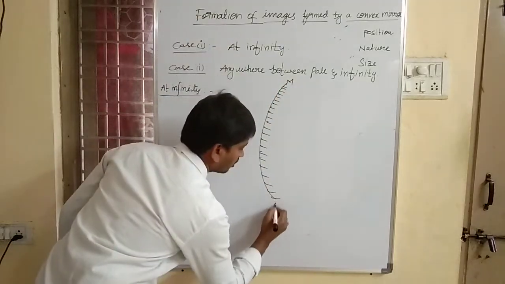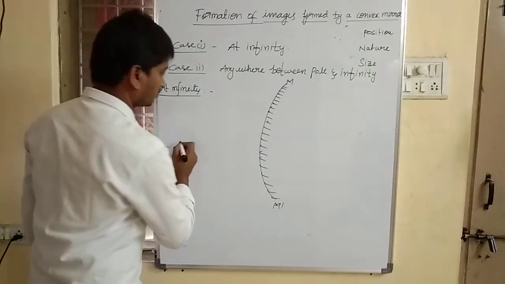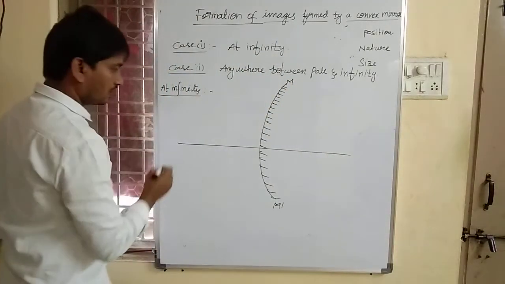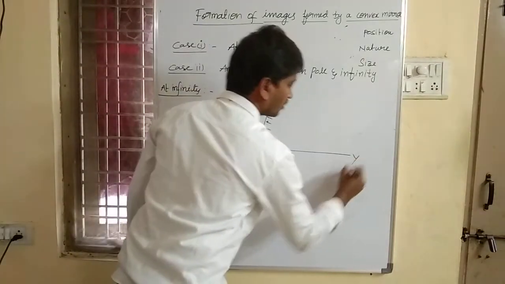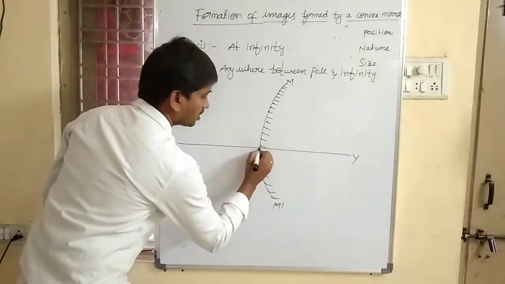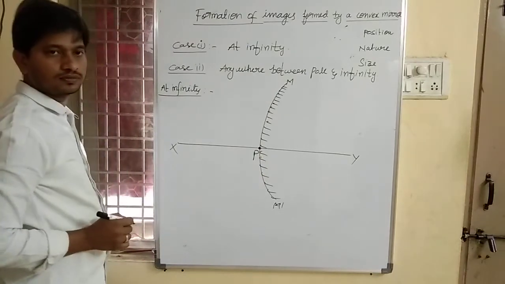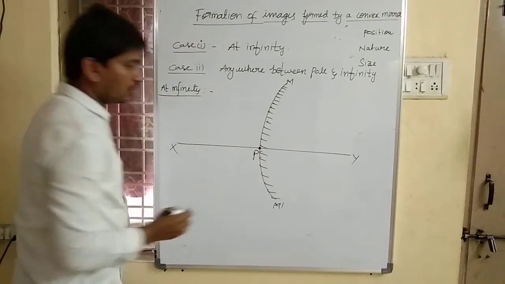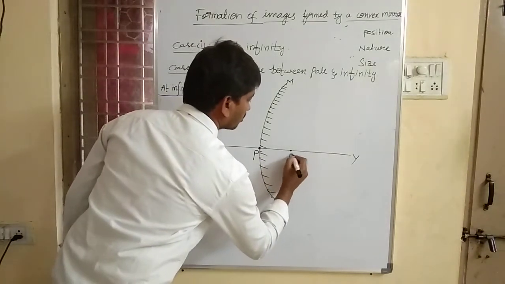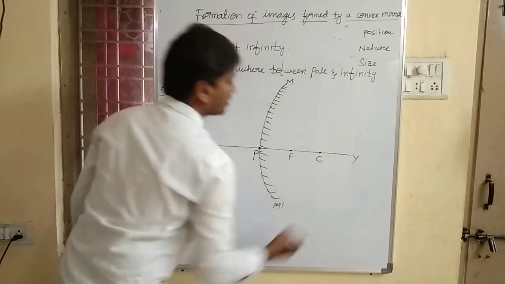This is our mirror M dash. Principal axis, and this is our pole. Okay, this is our focus and center of curvature.